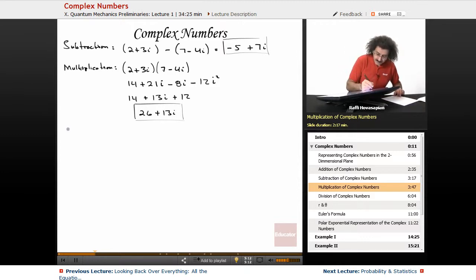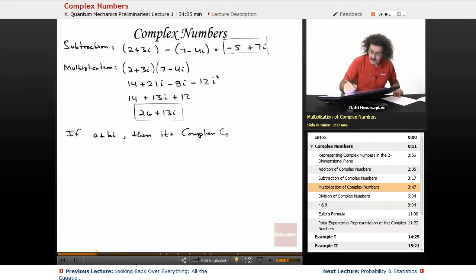Okay, now before I do division, I want to introduce the notion of the complex conjugate. If a plus bi is a complex number, then its complex conjugate, which is denoted as z with a little asterisk on it, z star, is equal to a minus bi.